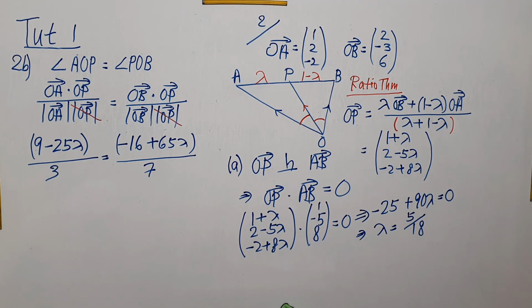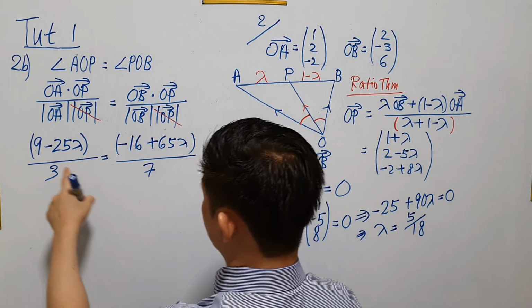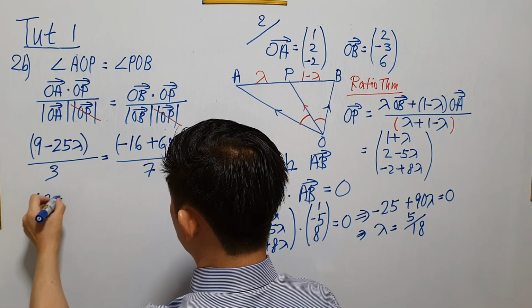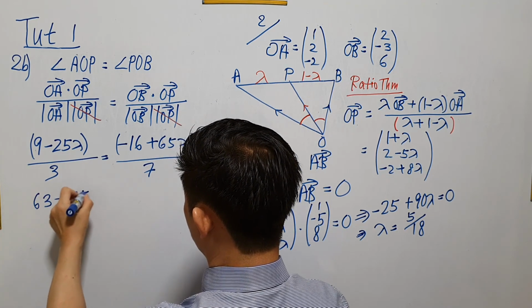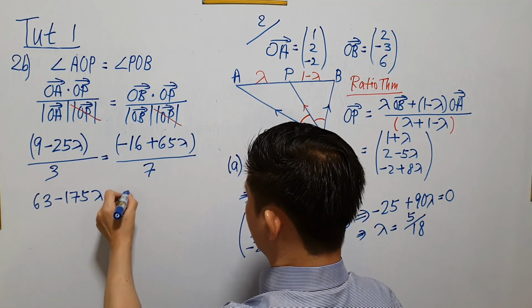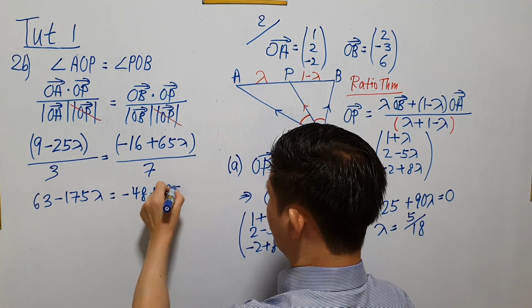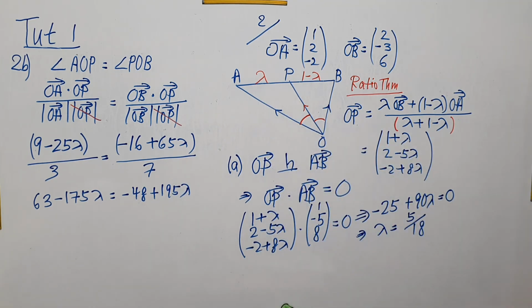Now you want to do your arithmetic. So you cross multiply them. You get 63 minus 175 lambda equals minus 48 plus 195 lambda.